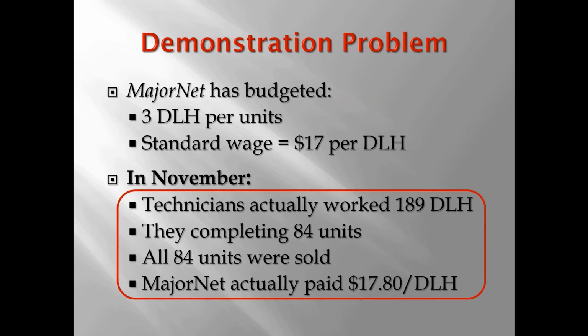In November, their employees actually worked 189 labor hours to complete their 84 units, and all 84 units were sold. Medinet actually paid its workers $17.80 per labor hour.